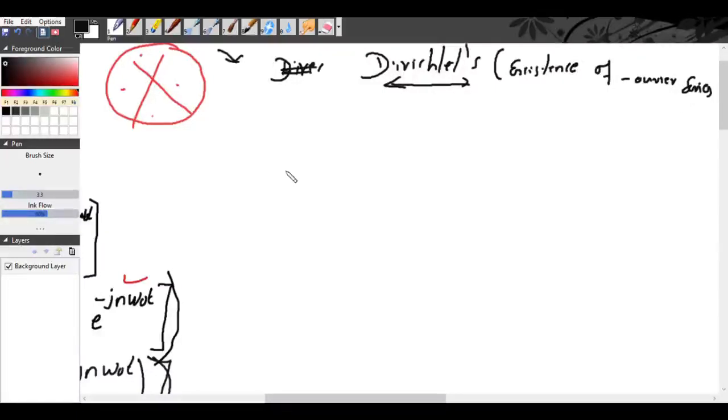So for example, they can ask: what are the conditions for the existence of the Fourier series? As a short question, they can ask: what is the Dirichlet condition, what are the Dirichlet conditions? Two types of questions.